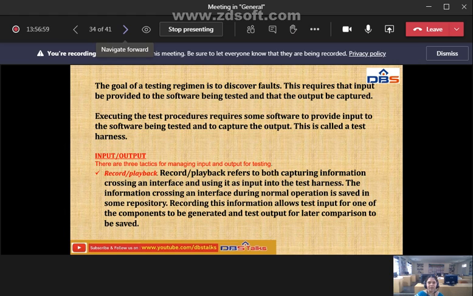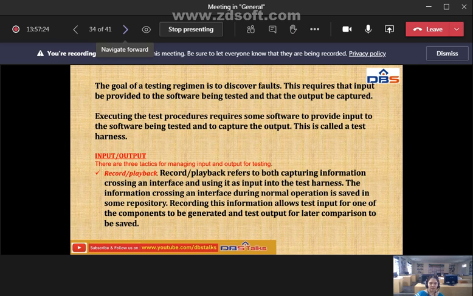This requires that input be provided to the software being tested and that the output be captured. That is the main goal of testing: to discover the faults.